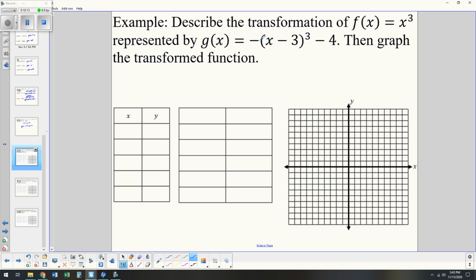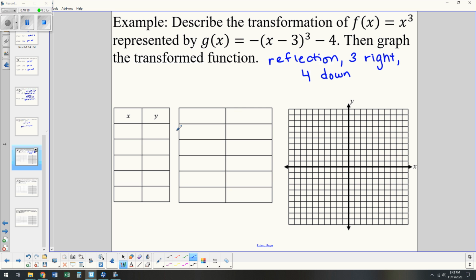So for this one, we have a negative sign, so we do have a reflection. The -3 inside is really 3 units to the right. Okay, opposite of negative is positive. And then the -4 is 4 units down. So that's our description of the transformation.